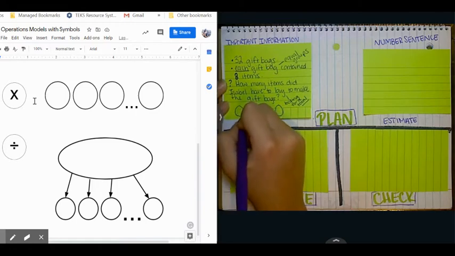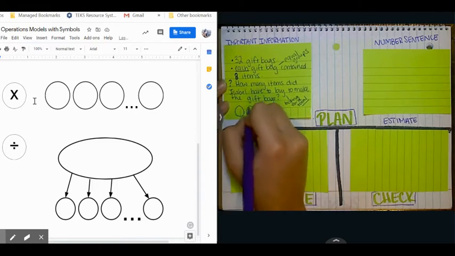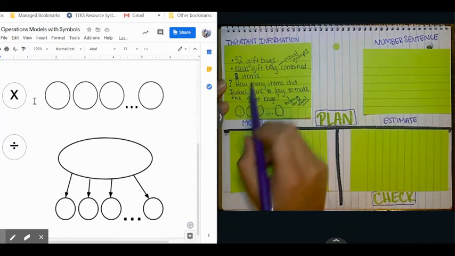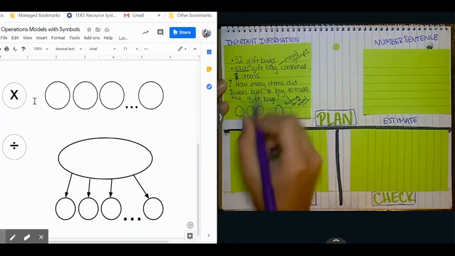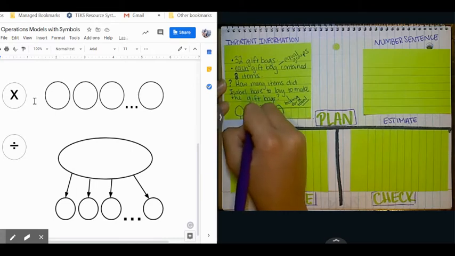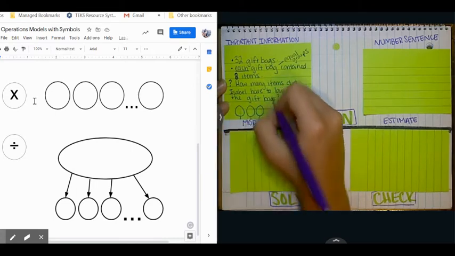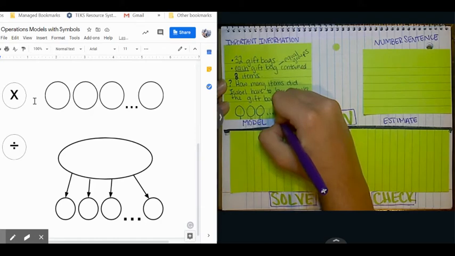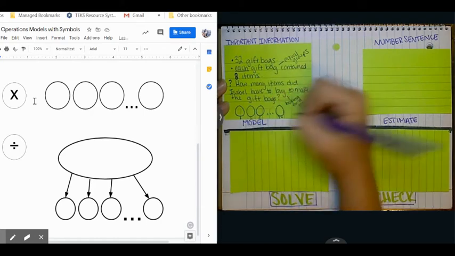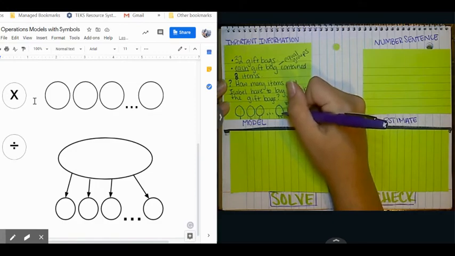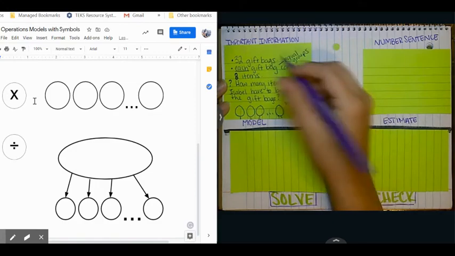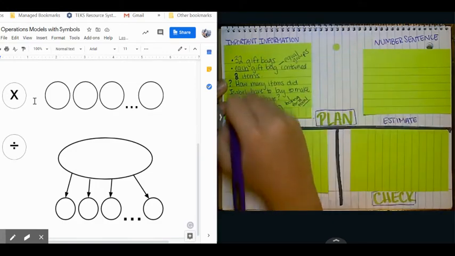I know that each one of these circles isn't going to represent the number of items, it's going to represent a gift bag. So here I have 1, 2, 3, all the way to 32 gift bags. And with these 32 gift bags, I know that I have 8 inside each of them.